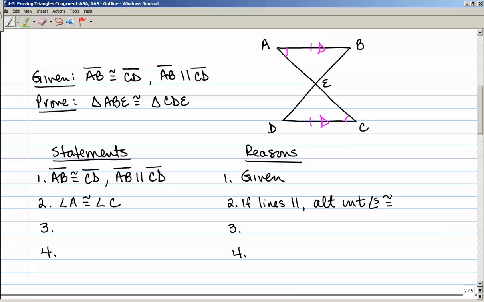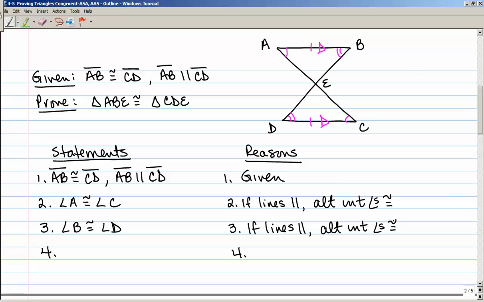And actually I think I can say the same thing with angles B and D if I look at segment BD as being my transversal. So I can say that angle B is congruent to angle D, and that's for the same reason. Those are also alternate interior angles. If lines are parallel, then alternate interior angles are congruent.